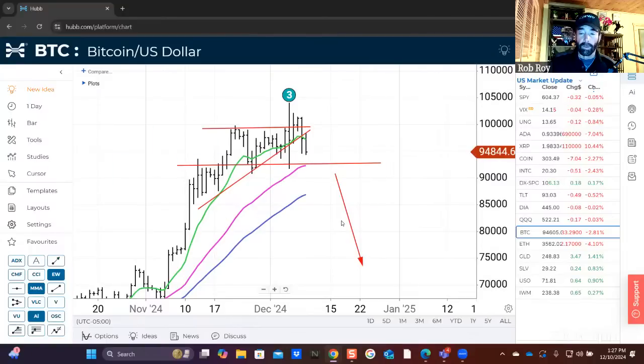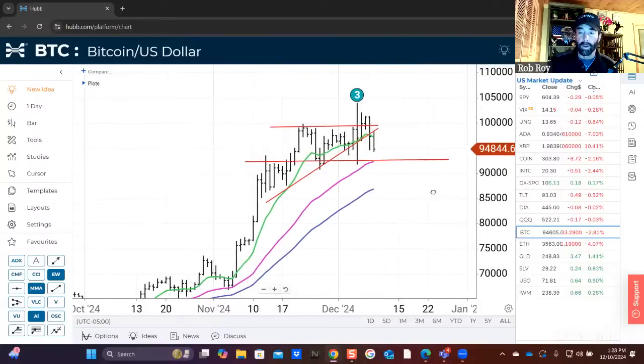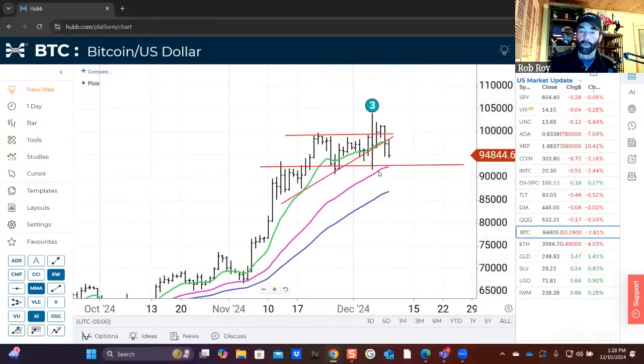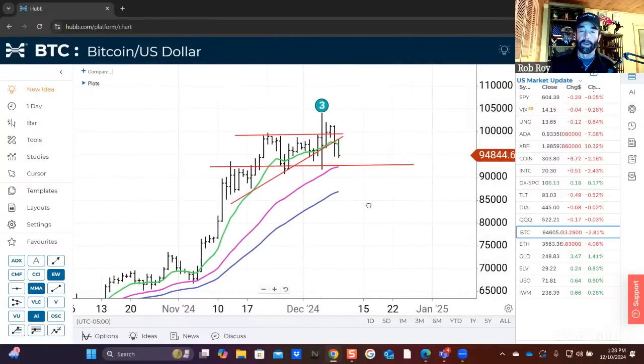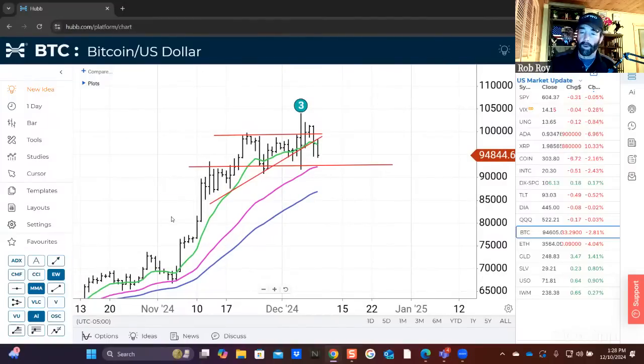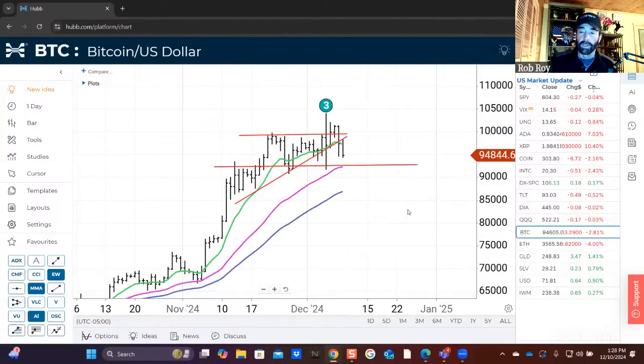So we do have that little corridor between 90 and 92,000 that we're going to want to keep an eye on. And, you know, going through this backing and filling is not unusual. All the cryptos had a pretty amazing run following the election results, and backing and filling consolidation is quite normal.